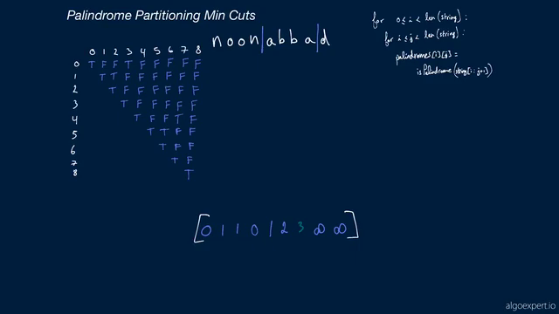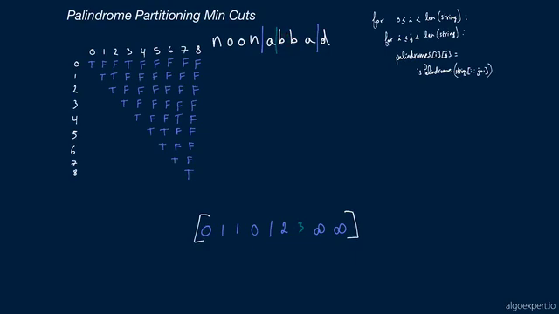Because if we start iterating through other strings, and we see that "unabb" is not a palindrome, "onabb" is not a palindrome, "nabb" is not a palindrome, "abb" is not a palindrome, but "bb" is a palindrome. So if "bb" is a palindrome, let's look at what would happen if we were to put a cut here before "bb." We'd know that the minimum number of cuts for "bb" that is a palindrome is 0, right?